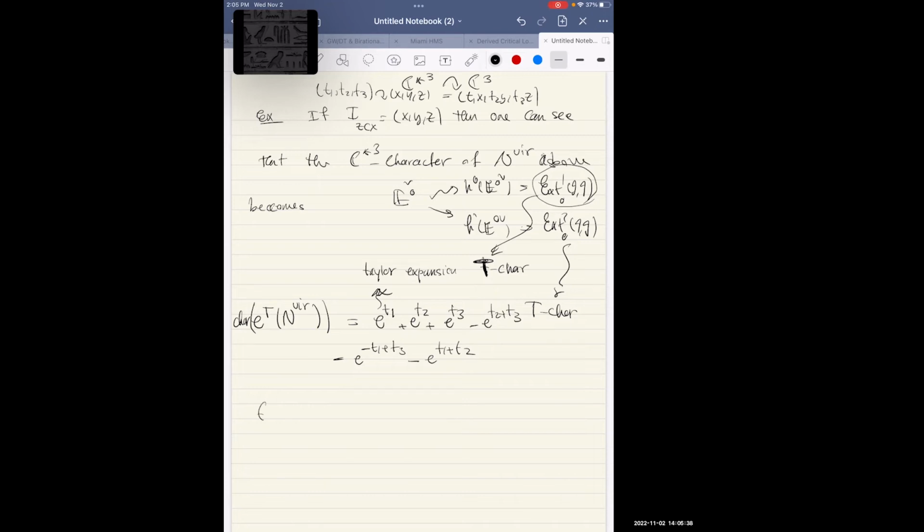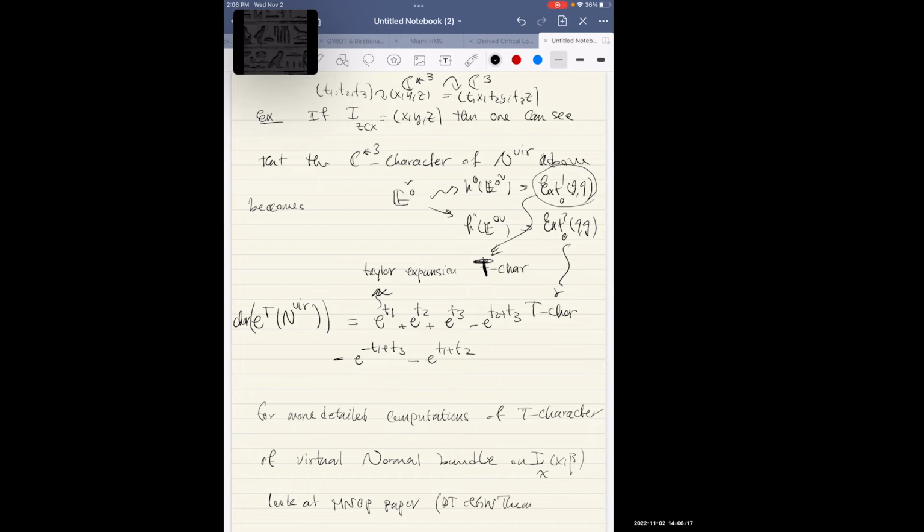Okay. So for more detailed computations of the T character of the virtual normal bundle on I chi x beta, look at the MNOP paper, Donaldson-Thomas and Gromov-Witten theory.